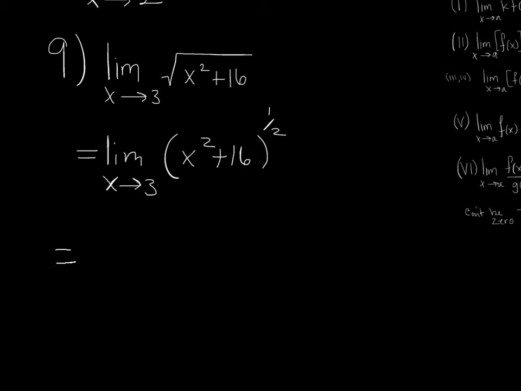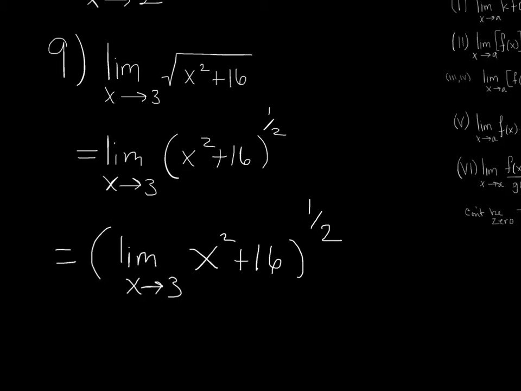So what we get, bringing the limit inside the power, is the limit as x approaches 3 of x squared plus 16, all raised to the 1/2 power. This means that we can simply take the limit first and then square root it and get our value. That is only if the limit inside here is positive, because you can't take a square root of a negative number. Now notice the inside here, x squared plus 16, is simply a polynomial.